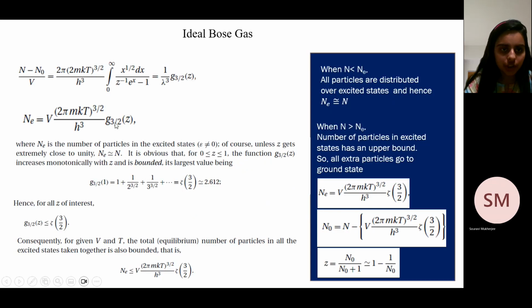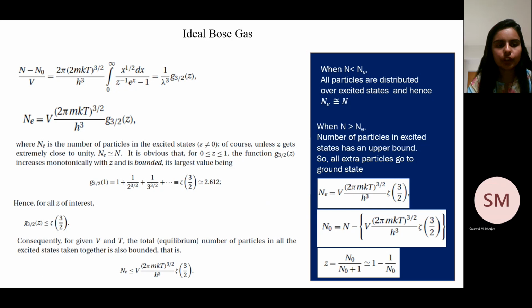Because your Bose-Einstein function is a bounded function, when z is set to 1, it achieves the maximum value that is given by the zeta function. So when z is equal to 1, this term goes to its maximum value given by zeta of 3 by 2, and if you put that value, that sets a maximum limit to the number of particles that can be present in all the excited states.